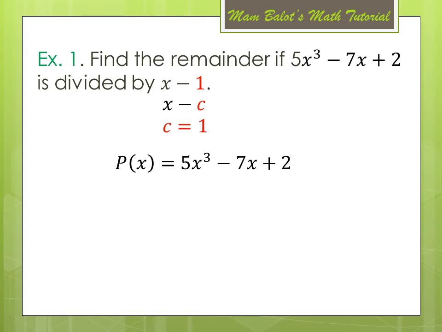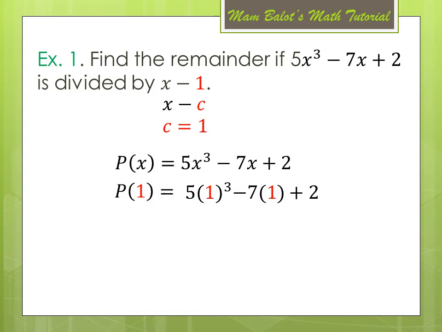So we will be solving for p of 1, which means that x will be substituted by 1. So that becomes now 5 times 1 cubed minus 7 times 1 plus 2. So all the variable x there in our polynomial are substituted by 1. Now we are ready to evaluate.